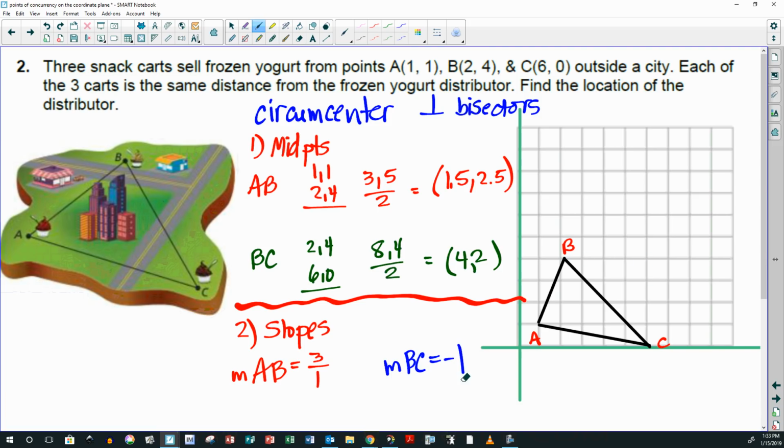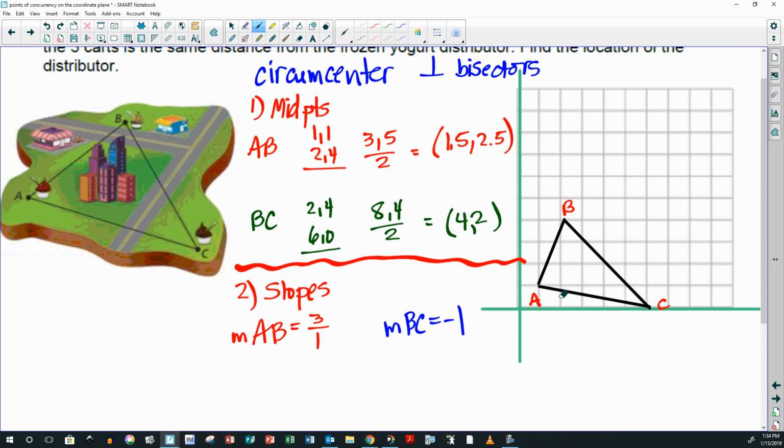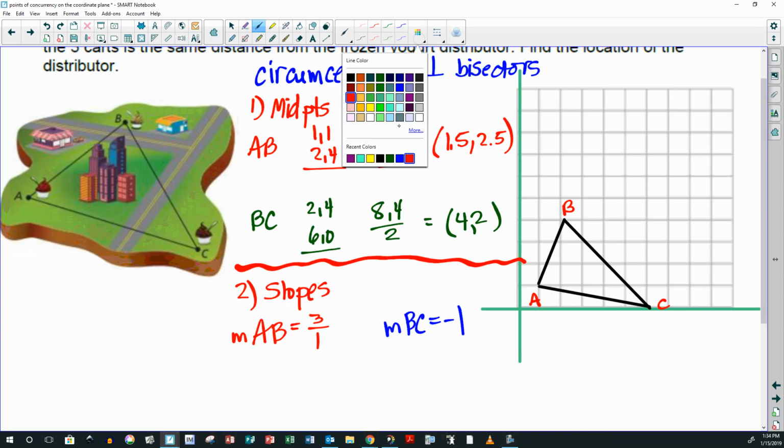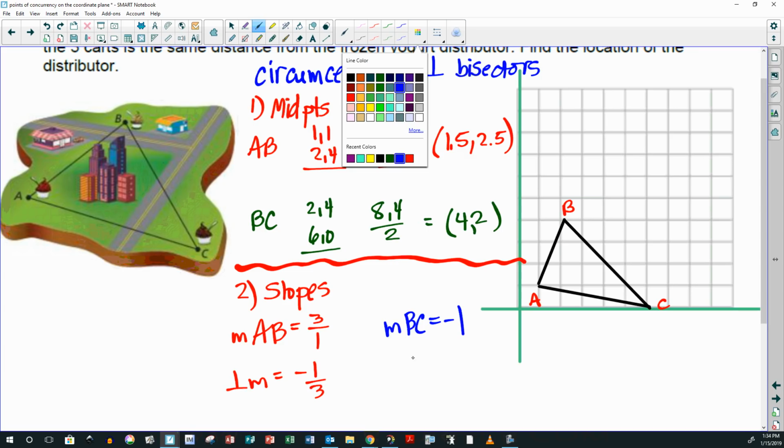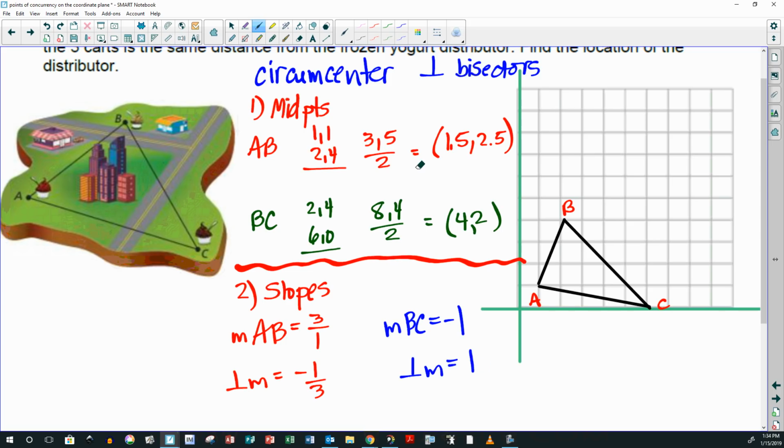So it's rise 4, go backwards 4, so it's -1. So those are my two slopes. So next, I want to find the perpendicular slopes. So what is the perpendicular slope? Well, if my slope is 3 over 1, the perpendicular slope is -1/3. If my slope is -1, then my perpendicular slope is 1.